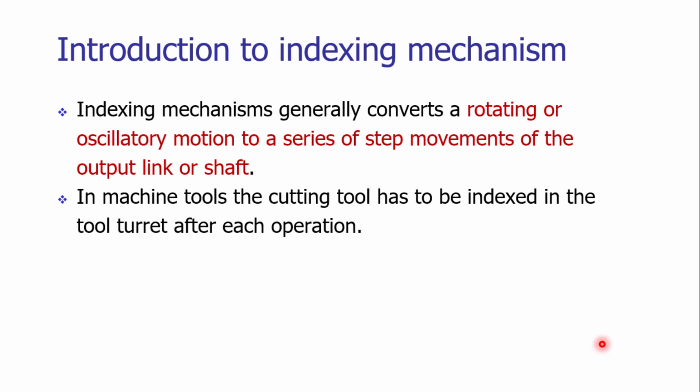A very important simple application of indexing mechanism is in the tool turret. Basically, a tool turret is nothing but a mechanism in which we are storing the cutting tools on a production lathe machine.